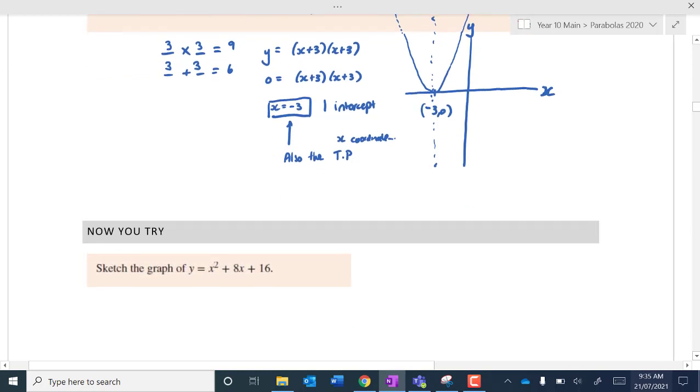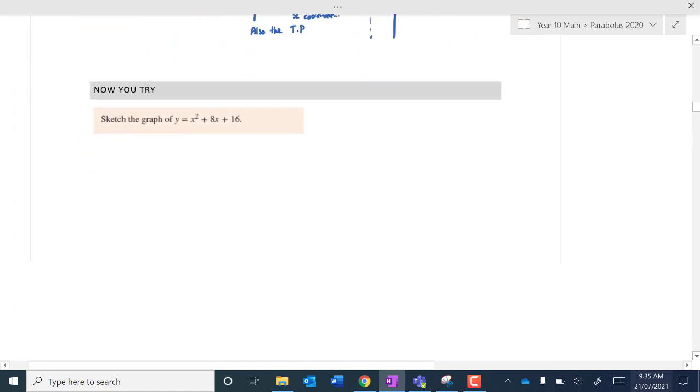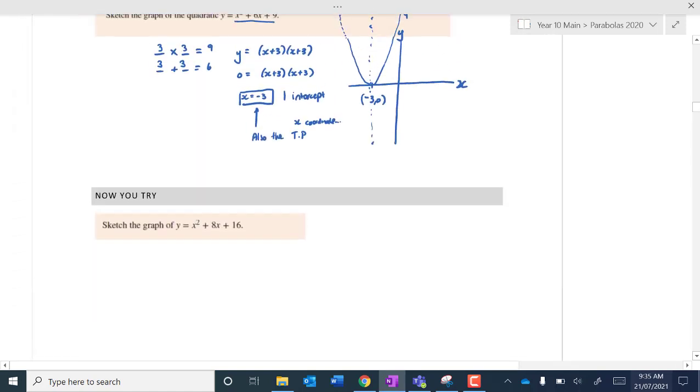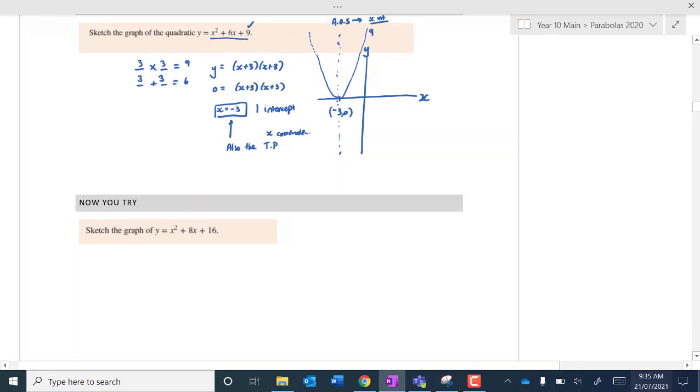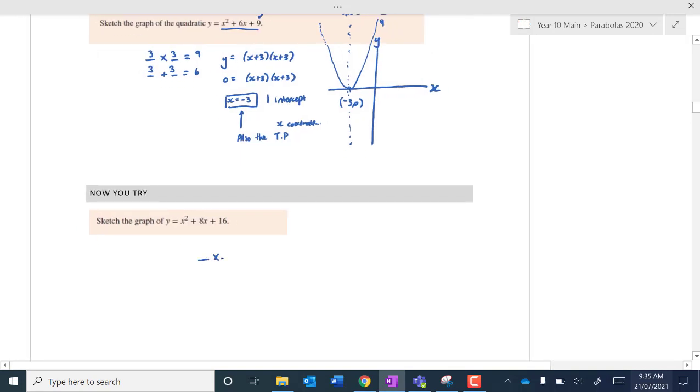Likewise, if I was to ask you to sketch something like x squared plus 8x plus 16, well, two things that multiply to give 16 and add to give 8 are 4 and 4, so we can write this as x plus 4 squared. If I let that equal 0, that would be x = -4.